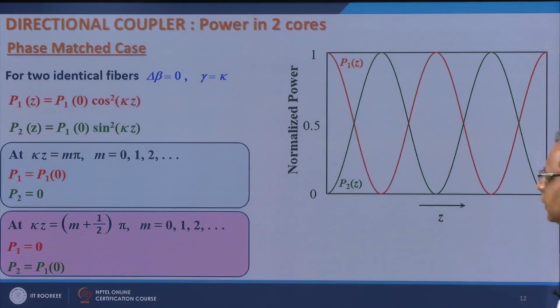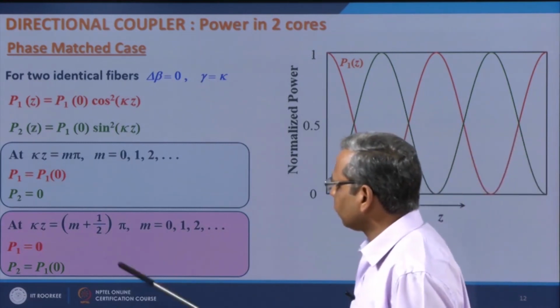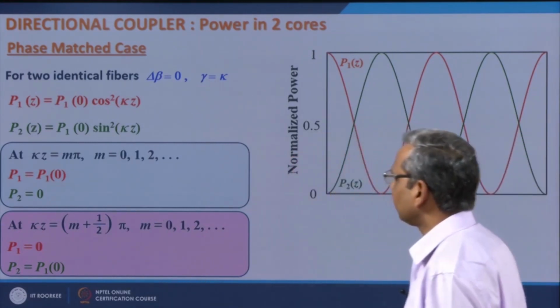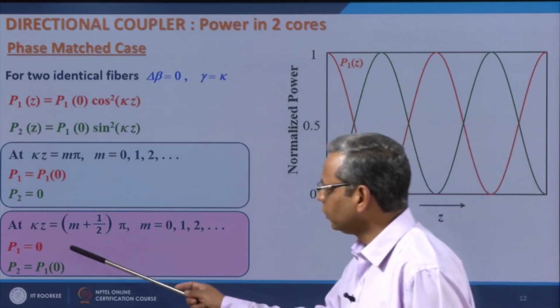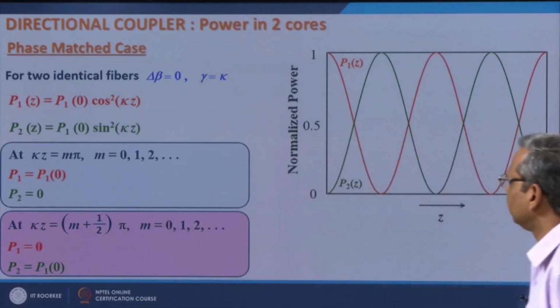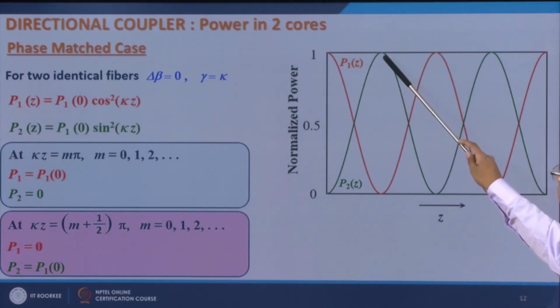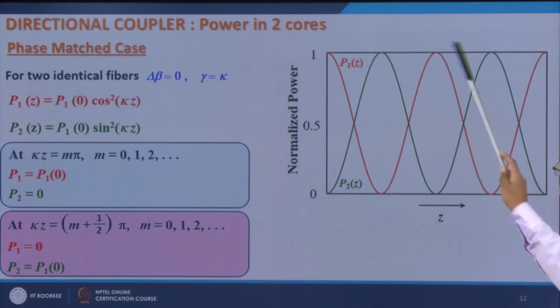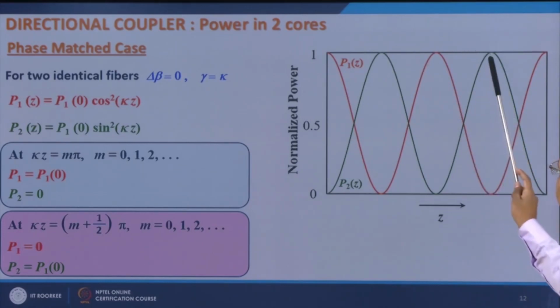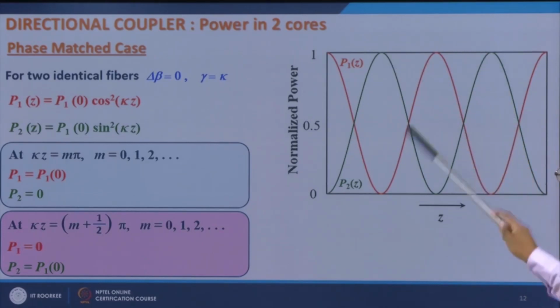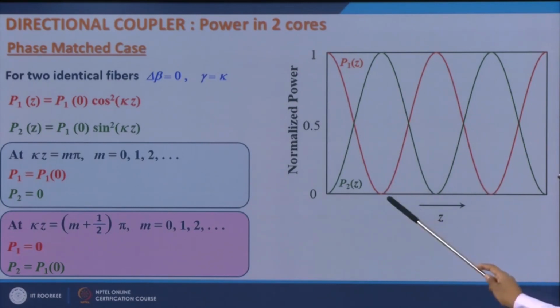On the other hand, at kappa z is equal to (m plus half) pi, P1 is equal to 0 and P2 is equal to P10, that is, at these points the entire power is in core 2 and the power in core 1 is 0.